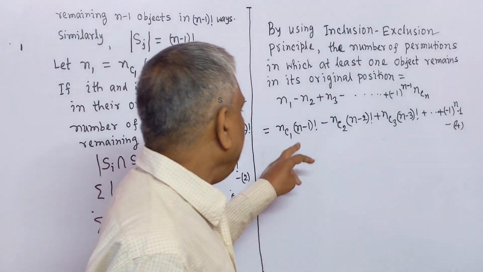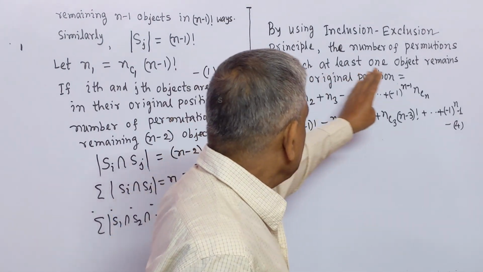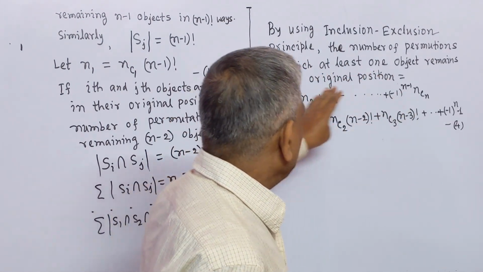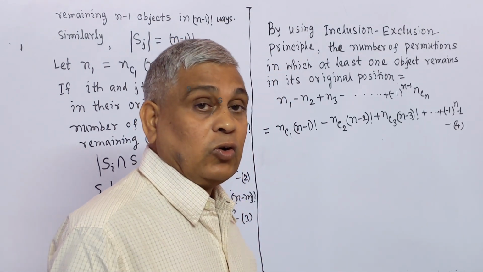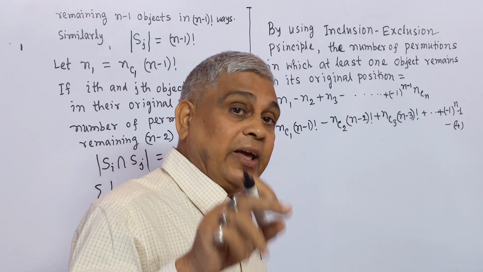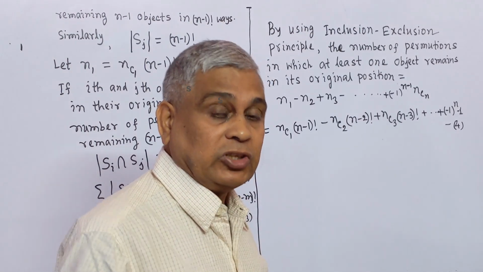Here we see the number of permutations in which there is at least one object remaining in its original position.